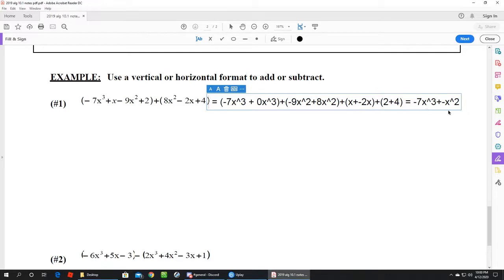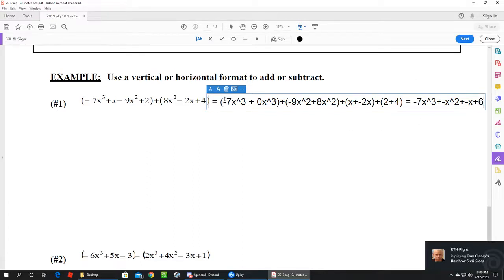All right. And then what do we have? Just keep going in order. This one's done. This one's next right here. X, negative 2, so that becomes plus negative x. And then 2 and 4, you get plus 6.